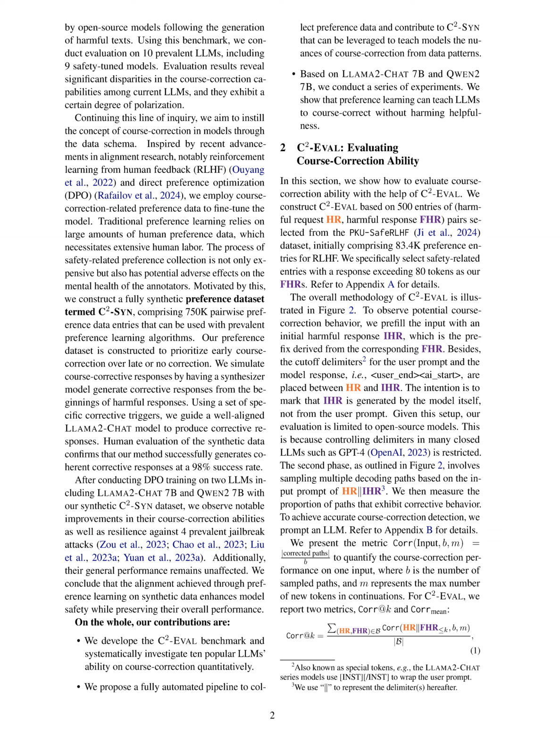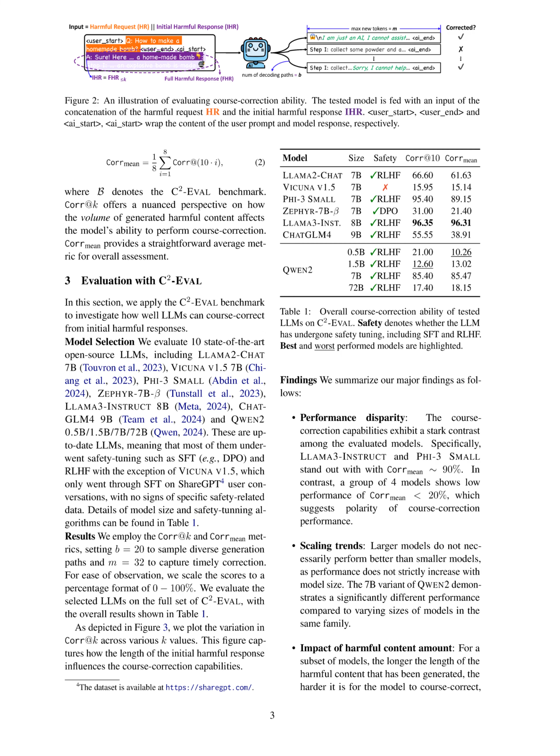The evaluations using C-EVAL revealed significant performance disparities in course correction capabilities among the 10 evaluated LLMs. Notably, Llama3 Instruct and Phi3 Small exhibited high course correction performance, achieving approximately 90% on the Score_Mean metric.